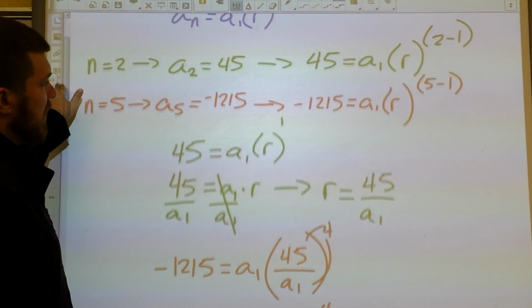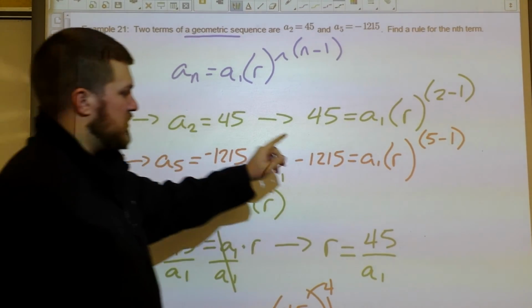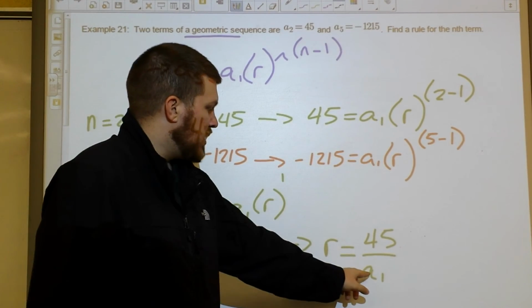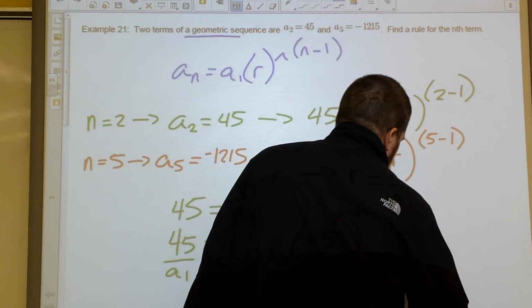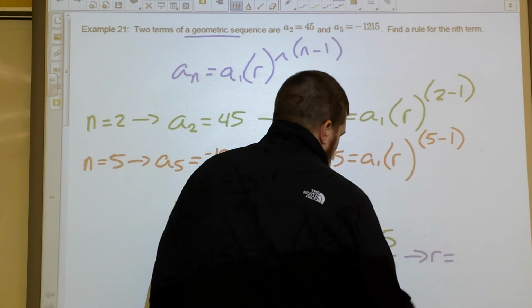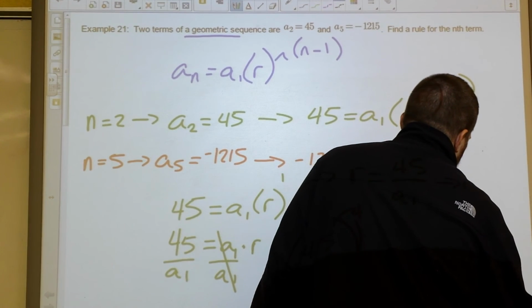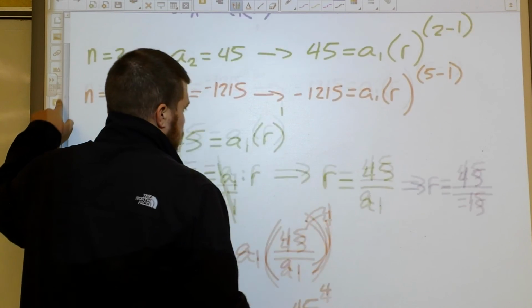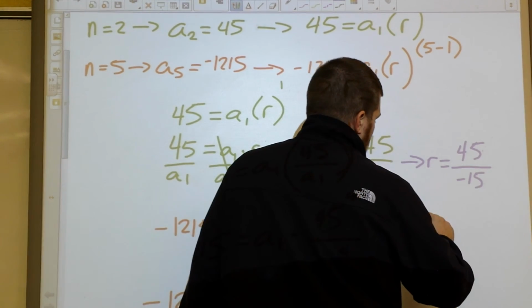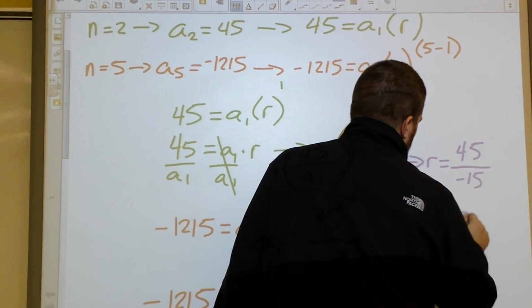So now that I know that my first position is negative 15, I can go back here to where I see my first position, which is negative 15, and say that r is going to be 45 divided by negative 15. So my common ratio is going to be negative 3.